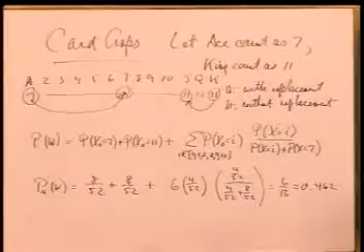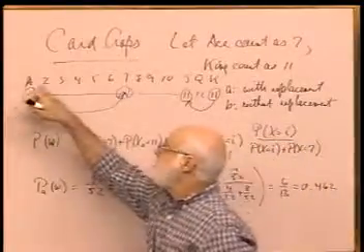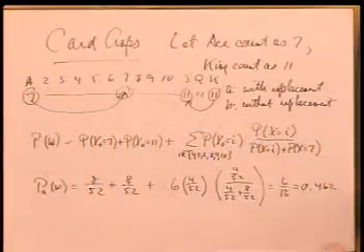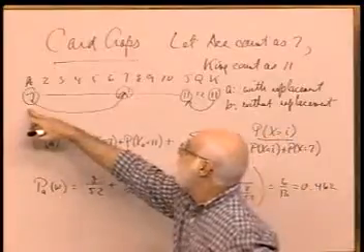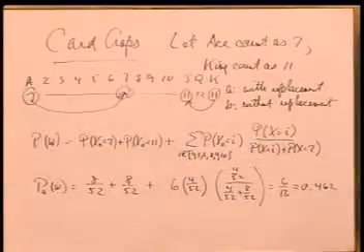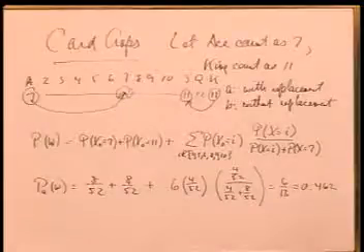For each denomination, there are 4. There are 4 aces in the deck. There are 4 2s, 4 3s, 4 4s. It's an 8 because I'm counting the aces as 7s in order to make the numbers that I get from the deck consistent with the numbers I get when I roll the dice. So the random variable values are the same, but the probabilities are different.